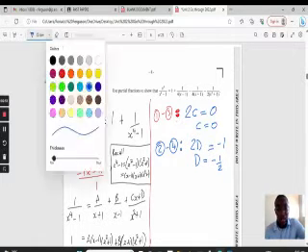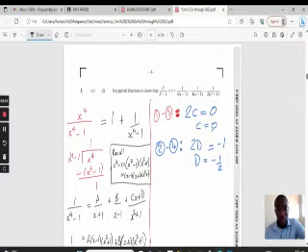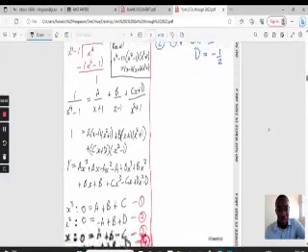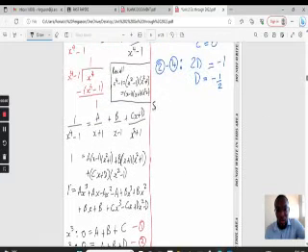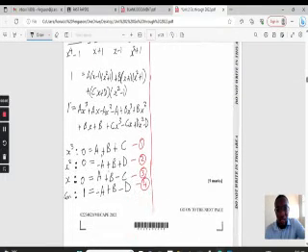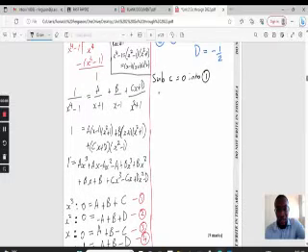Now we need to plug these values into two equations. I'm going to plug c being 0 into equation 1. So a plus b is equal to 0.